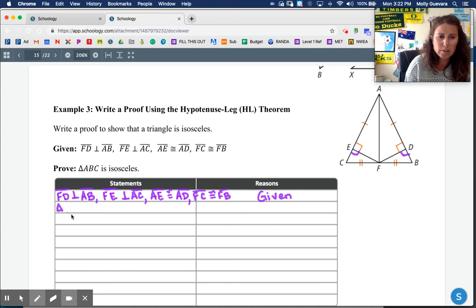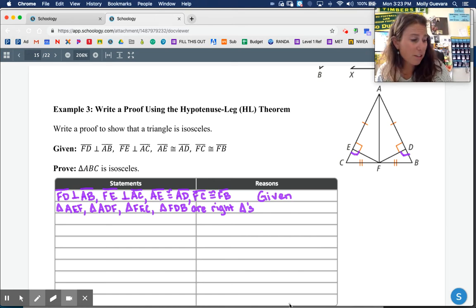So I have triangle AEF, triangle ADF, triangle FEC, and triangle FDB. Are right triangles.